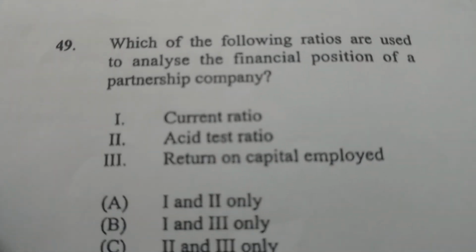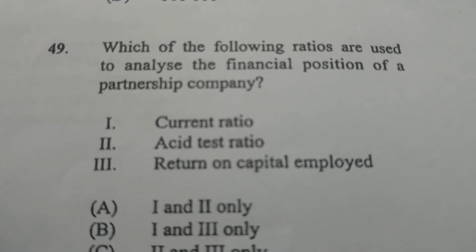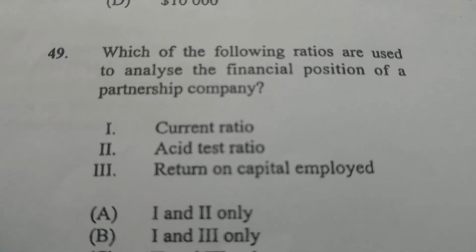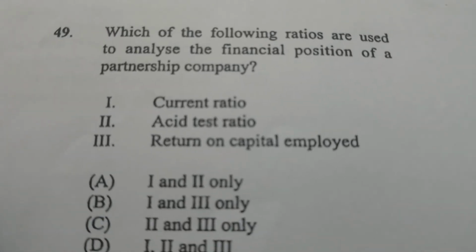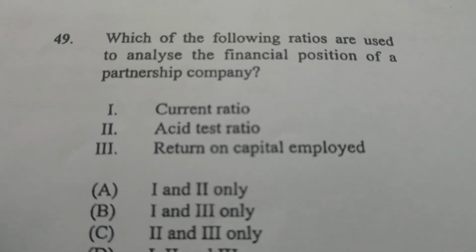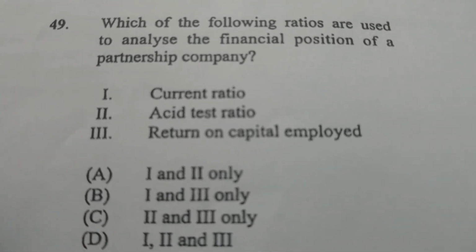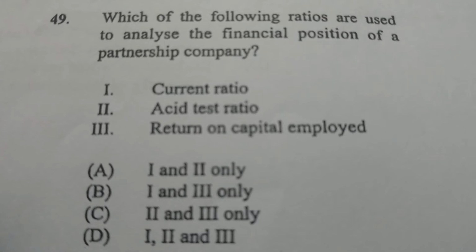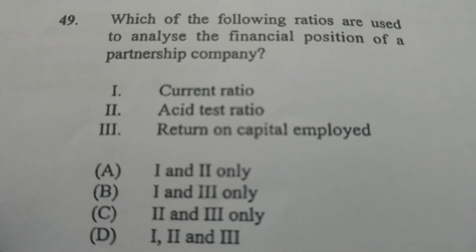Item 49 says, which of the following ratios are used to analyze the financial position of a partnership company? Yes, financial. So what is used to analyze the financial position? We are agreeing that it is A, 1 and 2, current ratio and acid test ratio.